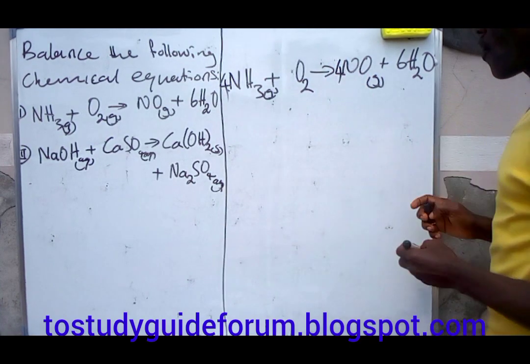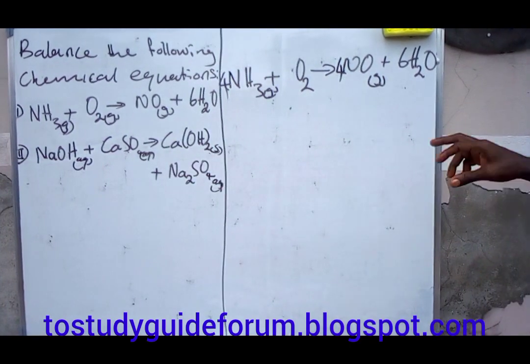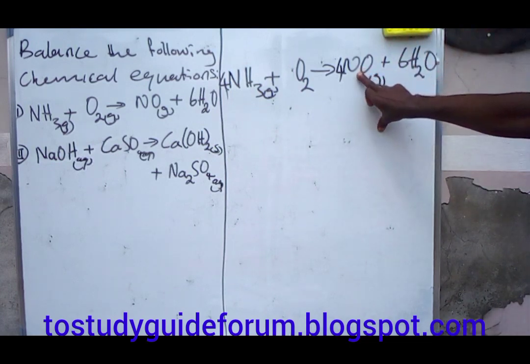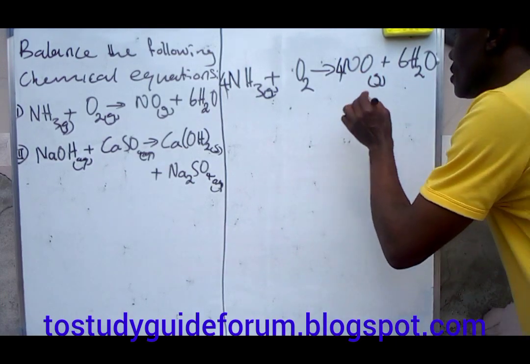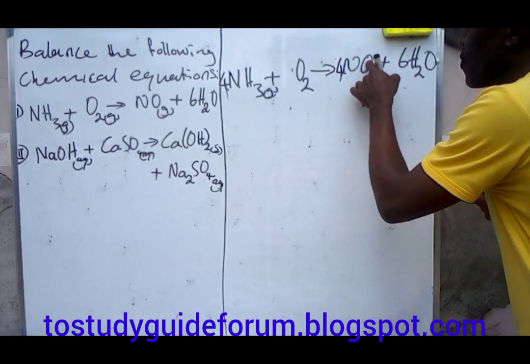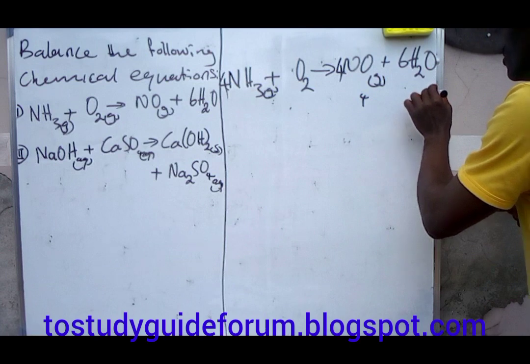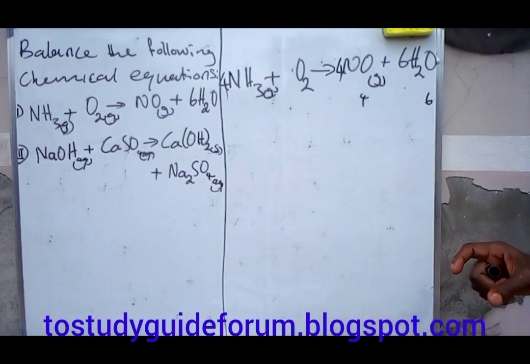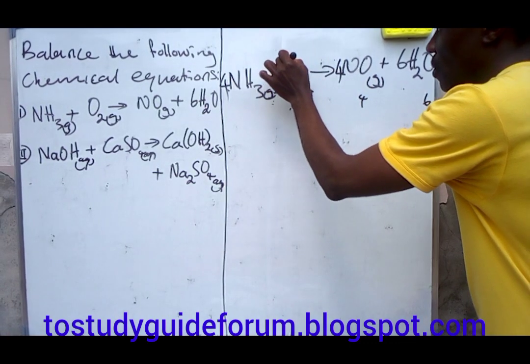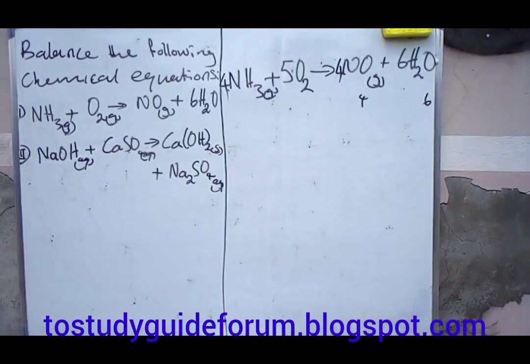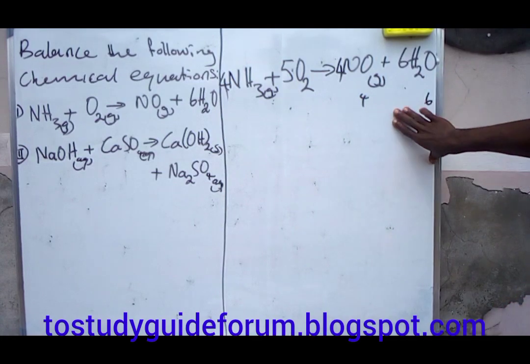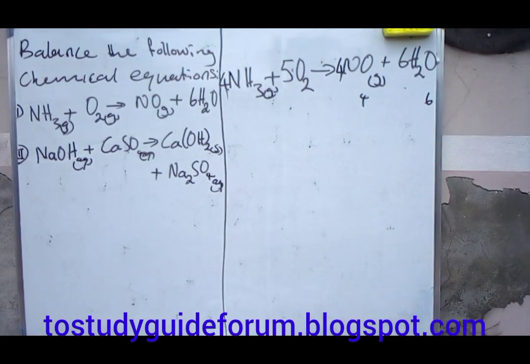If we make it 4, it means that we have 4 oxygen here, 4 oxygen here, and 6 oxygen. 6 plus 4 will give us 10. That means this other one will be 5. 2 times 5 will give us 10, balancing what we have on the reactant side. This is when everything is correct.